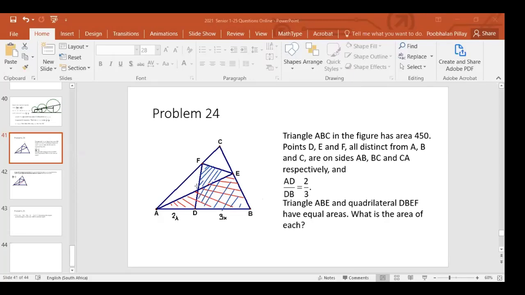And this triangle and this triangle will have to have the same area, because this triangle plus this quadrilateral has got the same area as this triangle plus the same quadrilateral. So if you remove this quadrilateral from those two, you'll get that these two triangles have got the same area. Now that's very interesting, because it means you got two triangles have got the same area.